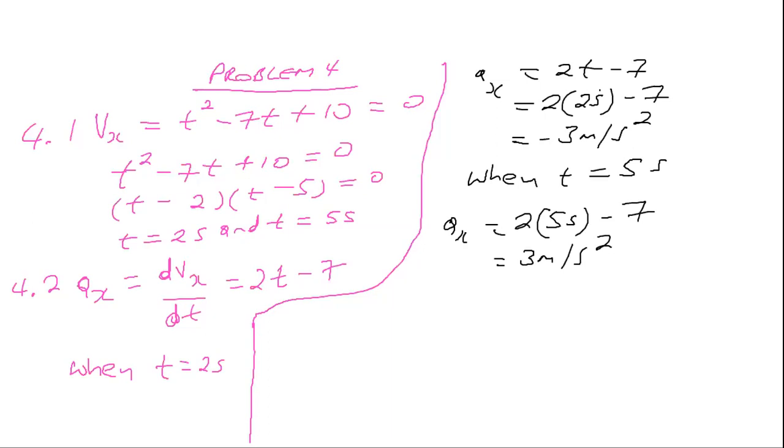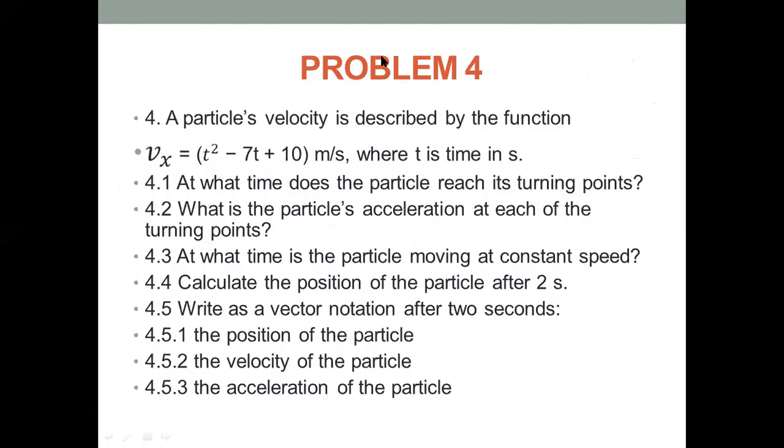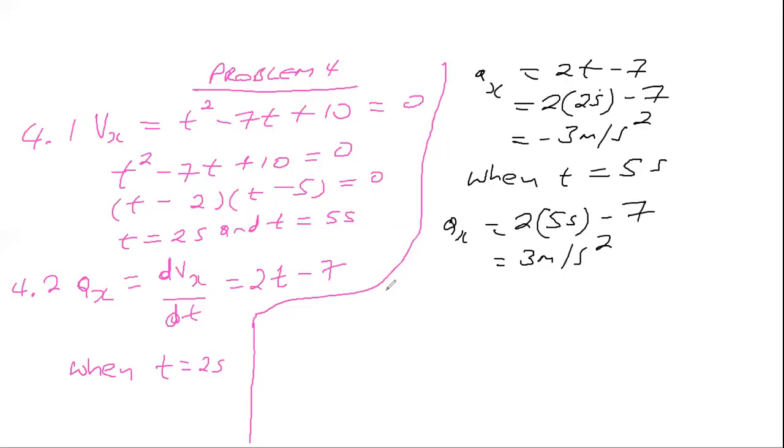Next question. Okay, 4.3. At what time is the particle moving at a constant speed? Constant speed means acceleration is 0. So ax is equal to 0, which means the derivative of velocity, the rate of change of velocity, is 0.